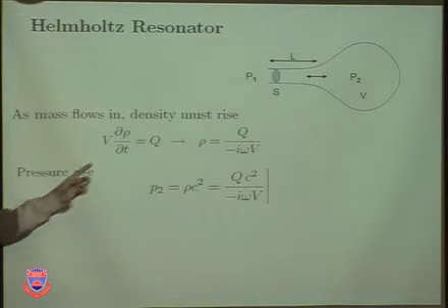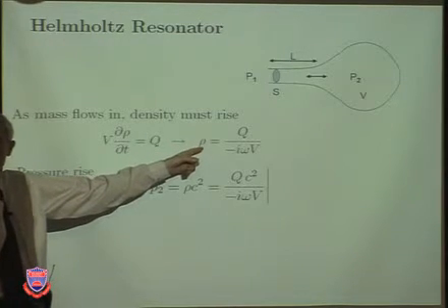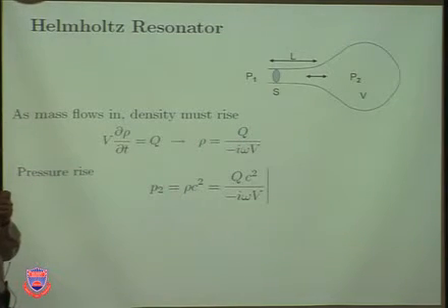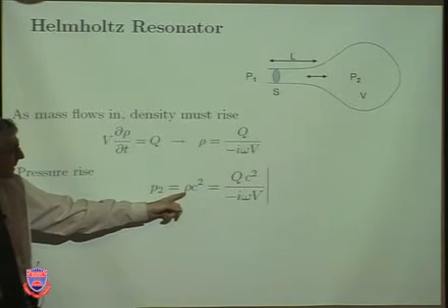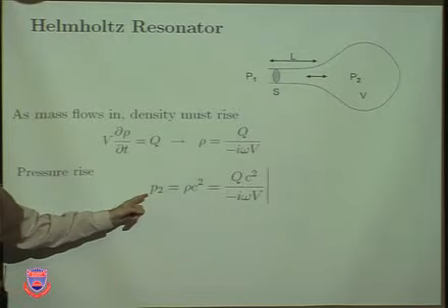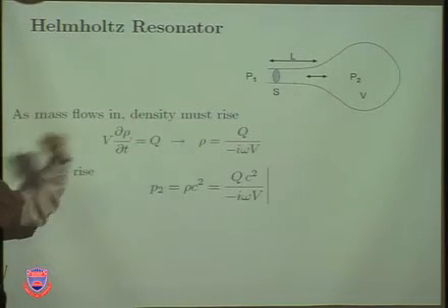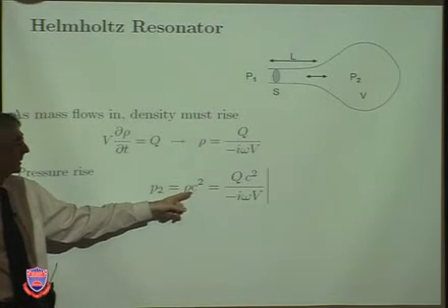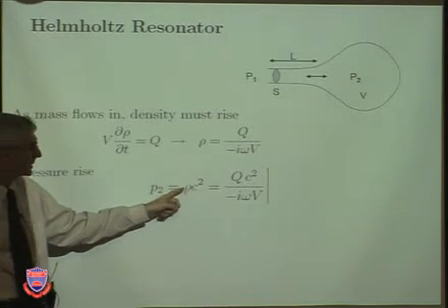Now, that density change in terms of mass flow, of course, gives rise to a fluctuation in pressure inside the volume. Speed of sound, c, and density change.